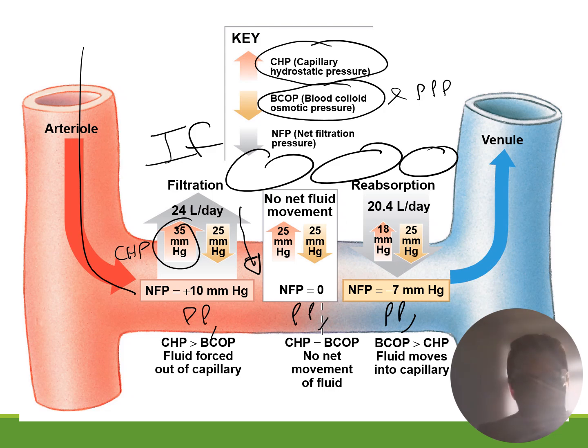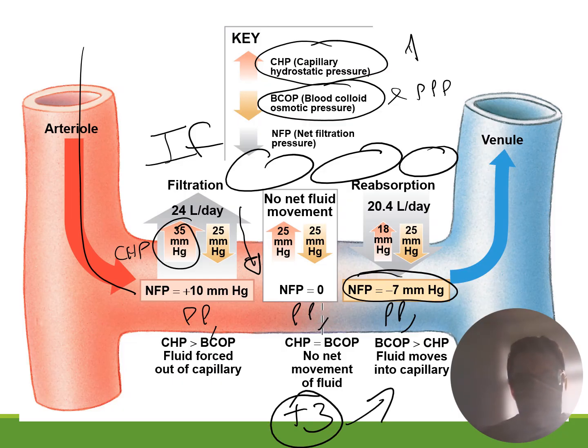However, the net filtration pressure is higher, so there is going to be more fluid going out of that capillary than is being reabsorbed back in. You can see it right here. Reabsorption is a lot smaller, so we have 10 minus 7, we have plus 3 still coming out.